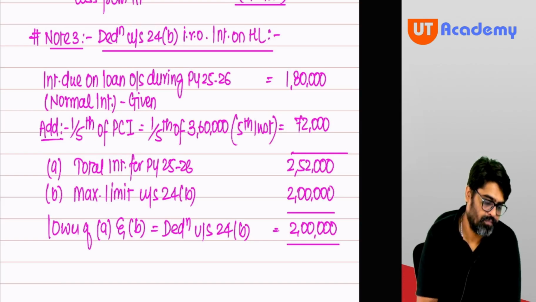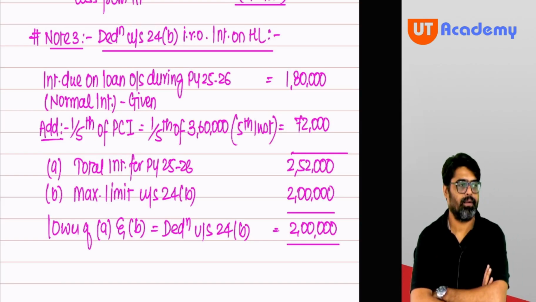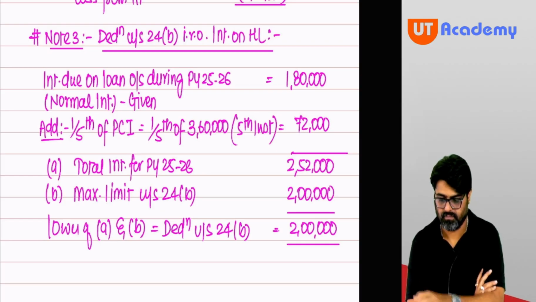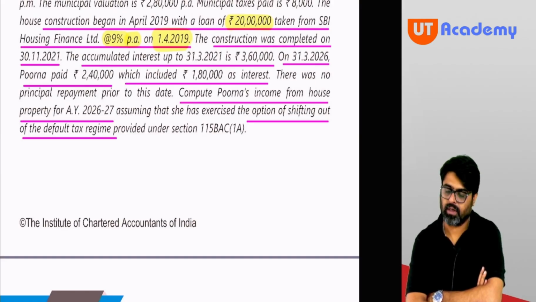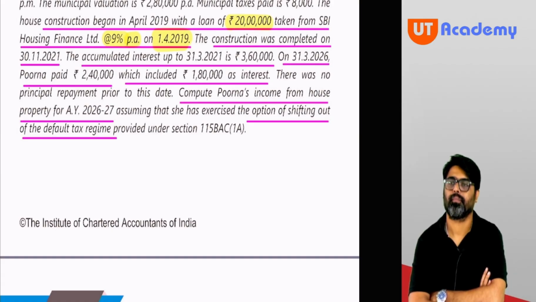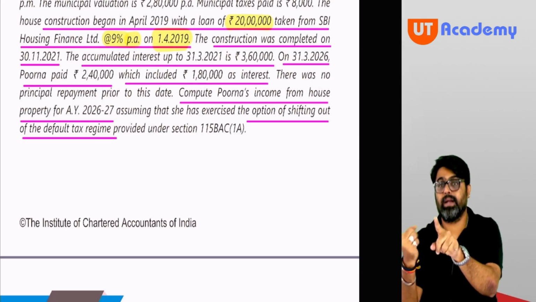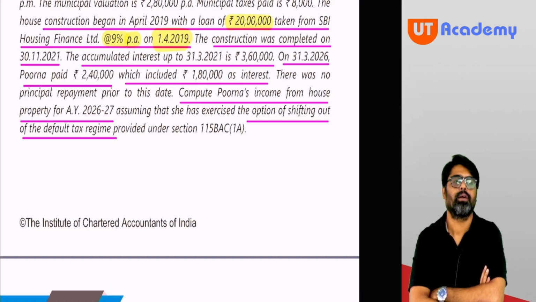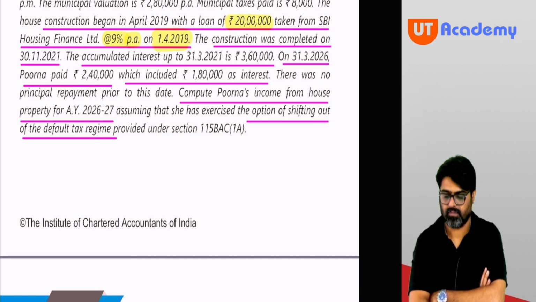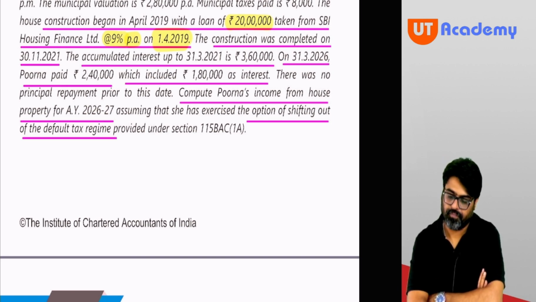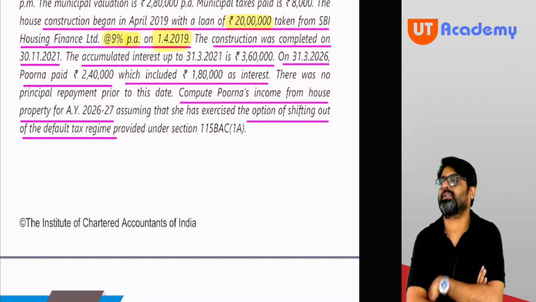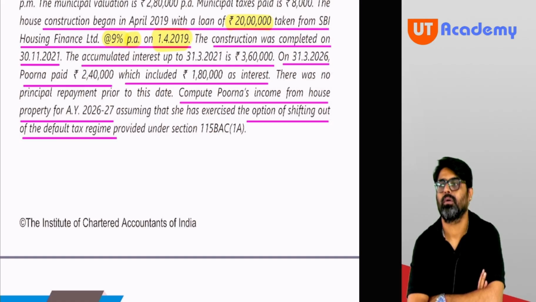Out of the total payment of rupees 2,40,000 during the previous year 25-26, since 1,80,000 was interest, the balance 60,000 was principal repayment.